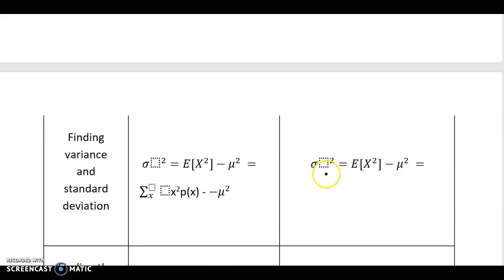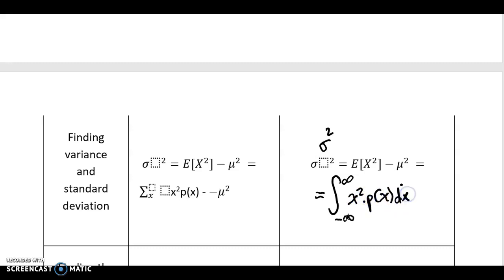And then if you want to find the variance and standard deviation, the variance, sigma squared, is the expected value of x squared minus the mean squared. To find the expected value of x squared, it's really similar to what we did in the discrete case, but now instead of a sum, we're going to be doing an integral from some minimum value to a maximum value of x squared times f of x dx.